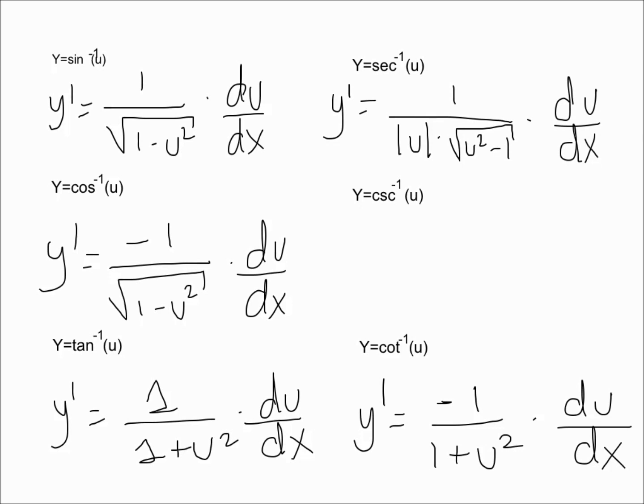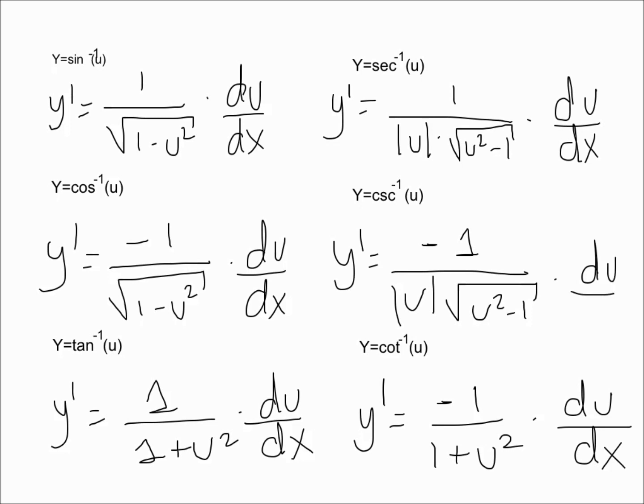The inverse cosecant is the same with a negative sign: negative 1 over the absolute value of u times square root of u squared minus 1 times du dx. And well, as I did with the inverse sine and inverse cosine, you can obtain these formulas, but it would make your life easier if you memorize them. And well, the problem would be way shorter.